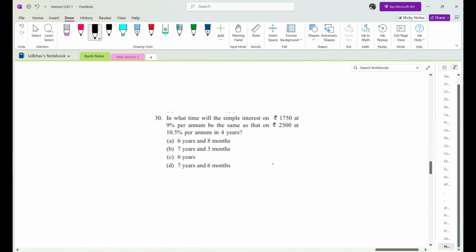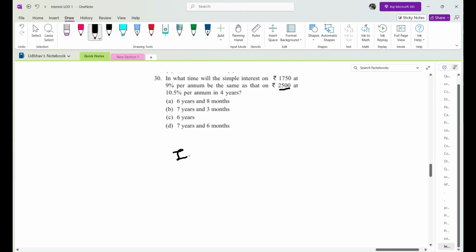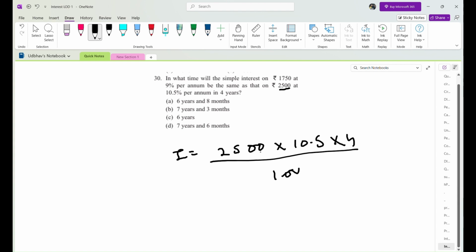In what time will the simple interest on this at 9% be same as this? Okay, we can just find that simple interest from here. What will be the interest? 2500 into 10.5 into 4 upon 100.